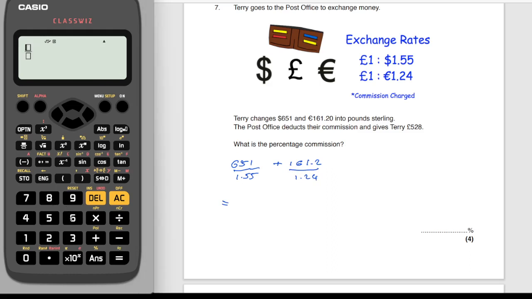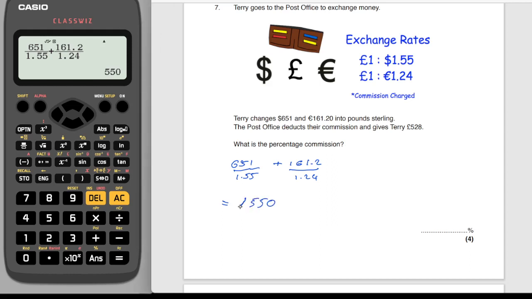So I'll type it in like that, 651 over 1.55, and to that I'm going to add on 161.2 over 1.24, double checking everything I've typed in is correct. I can't see any issues, so that gives me the total money that he would have made as £550. That is what he should have got.